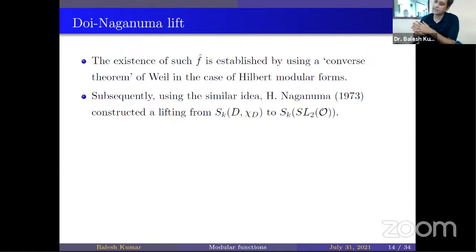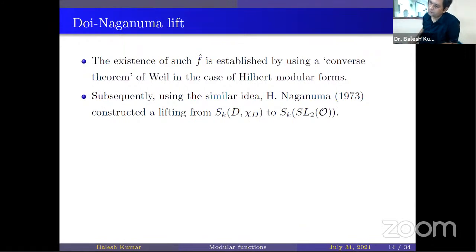So from S_k(D, chi_D), if you take a modular form of weight k with level Gamma_0(D), where D is the discriminant of the real quadratic field and chi_D is the character corresponding to the real quadratic field, so if you take a normalized Hecke eigenform of weight k, level D with character chi_D, then he showed that it can also be lifted to a level 1 Hilbert eigenform.